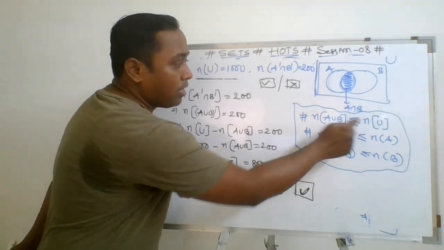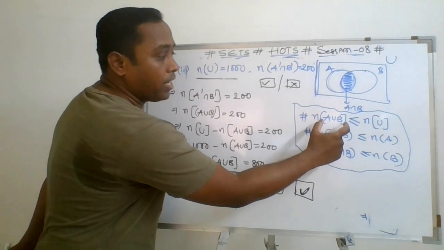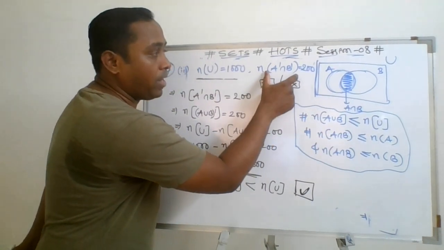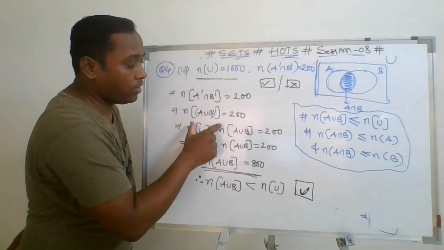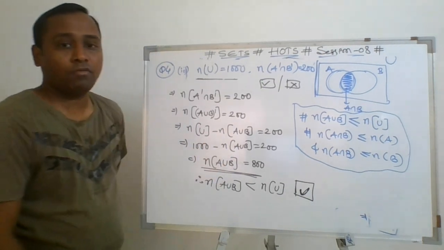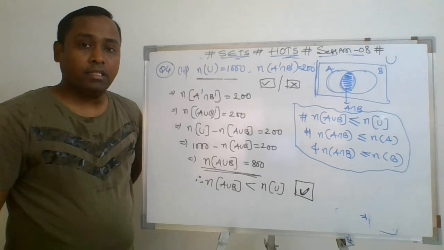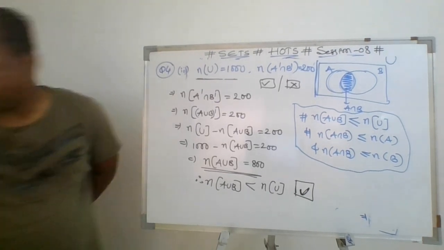So to check whether the data is correct or not with the union set, we required A union B. So how did we get A union B? By simplifying the A dash intersection B dash set with the help of De Morgan's law, and then we are able to conclude whether the data is correct or incorrect. Coming to the last question of today's session.